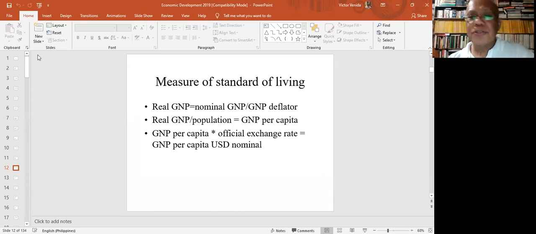So it is the GNP per capita data, therefore, which is very, very important in determining a country's classification as a low income, lower middle income, upper middle income, high income country. As I mentioned to you, we could have become an upper middle income country if there was no recession last year, but there was.